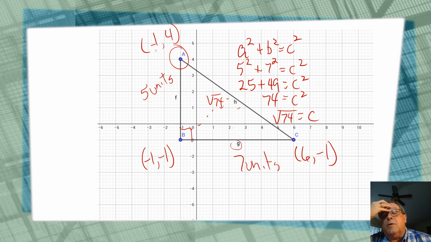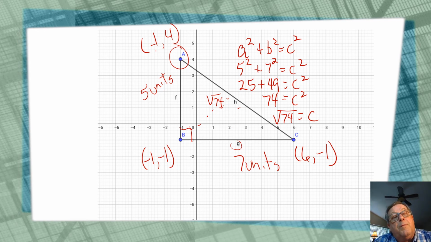Let's try 3 squared, which is 9. 9 times 8 is 72, so that's not going to get me to 74. And 5 squared is 25. 25 times 3 is 75, but not 74. I could try one more, 7 squared, which is 49. But 2 times 49 is going to be 98. Okay, so I think the square root of 74 is as simple as I can get it.